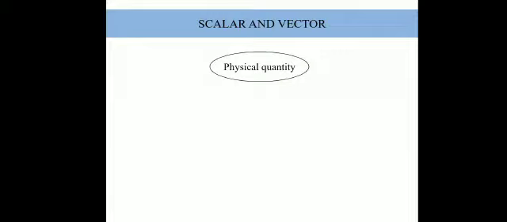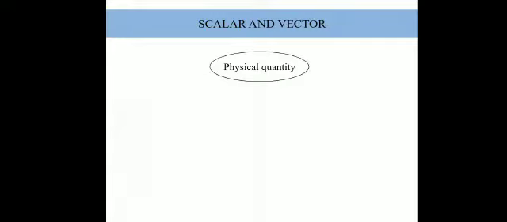So a physical quantity can be classified as fundamental or derived, right?